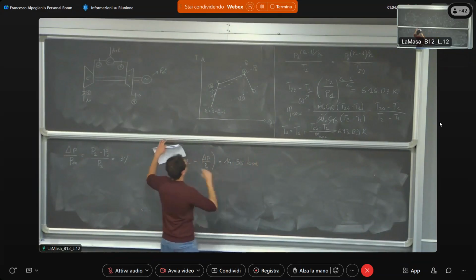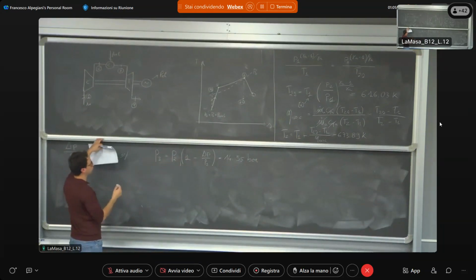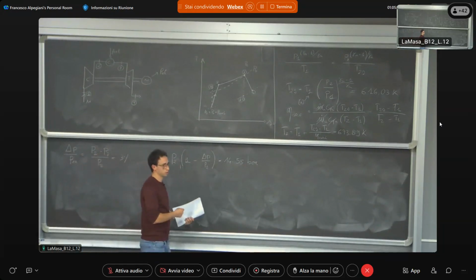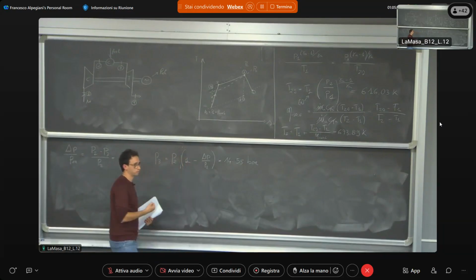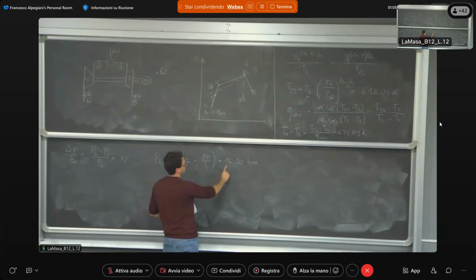So essentially, we have a relative pressure drop with respect to the inlet pressure of 3%, so we will have at the outlet 97% of the inlet pressure. That is, at the inlet we will have 15 bar, so at the exit of the combustor we will have 14.55 bar.